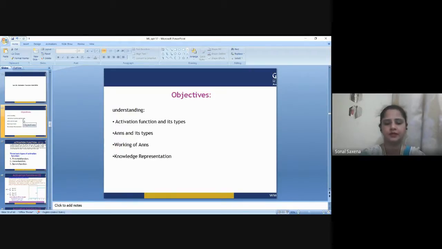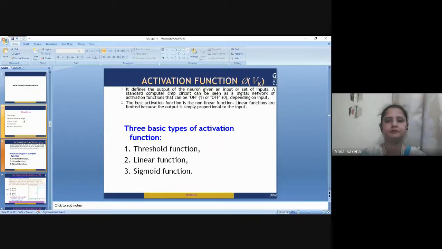So let us understand the activation function. It is recommended to understand what a neural network is before going through the activation function.